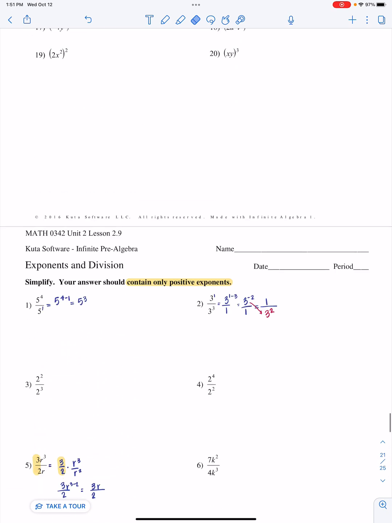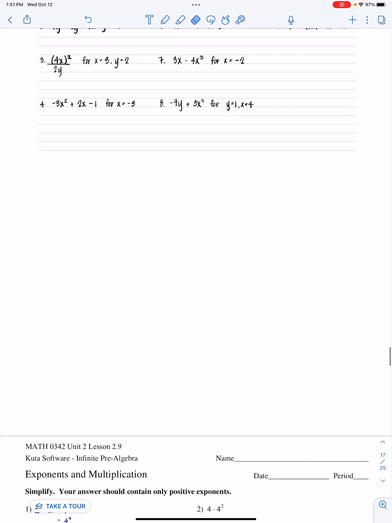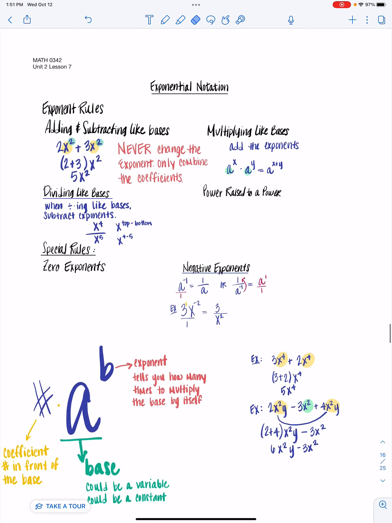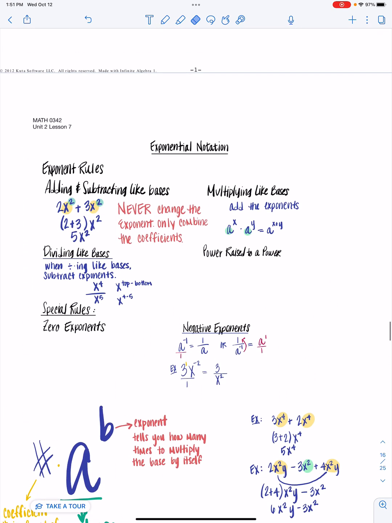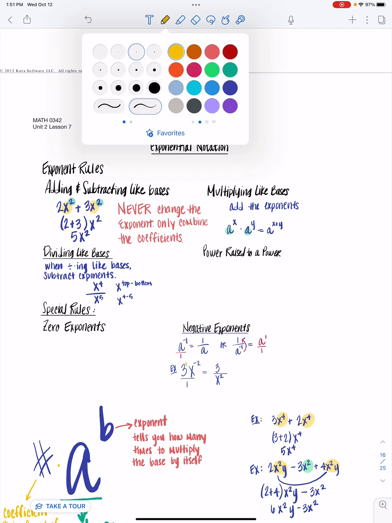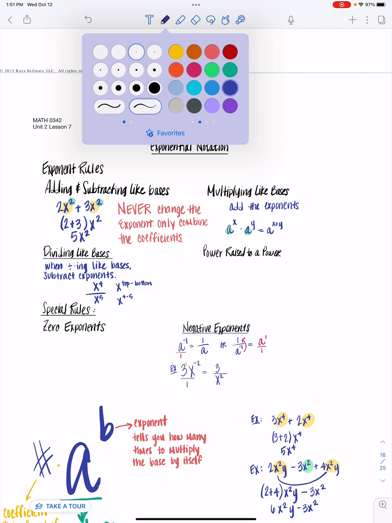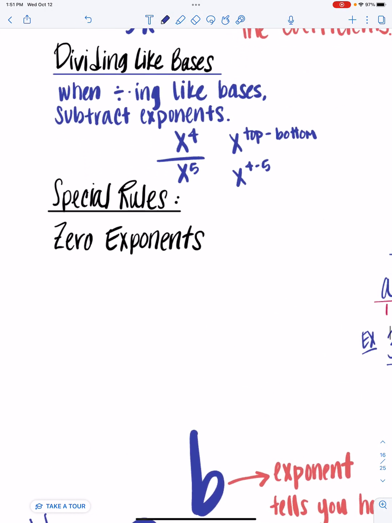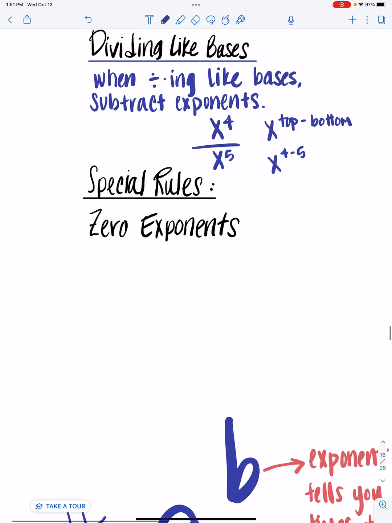I think we will go back up. We're going to save a power raised to a power for when you're a little bit older. We did talk about 0 exponents. Again, I think it was last week, but we can briefly put it in here if you would like it to be complete.